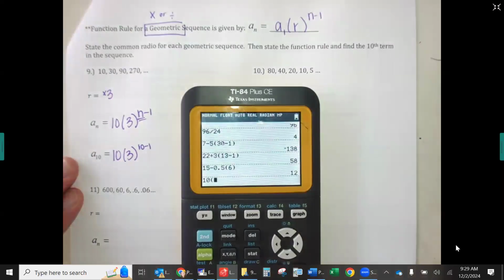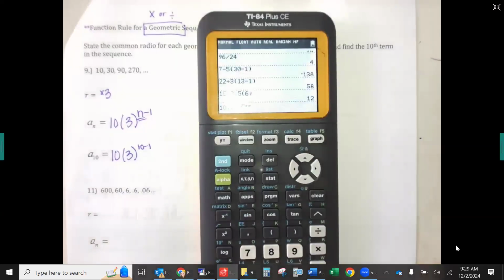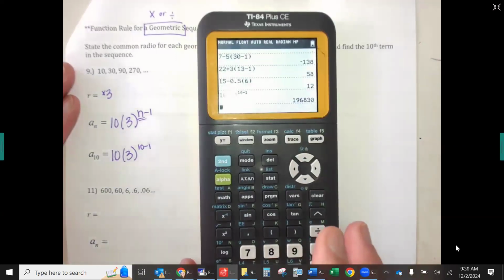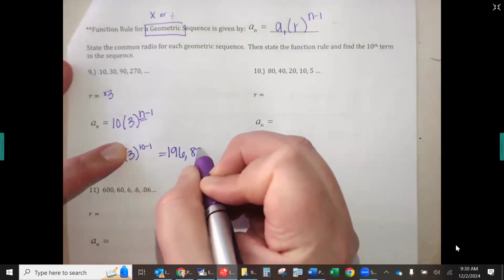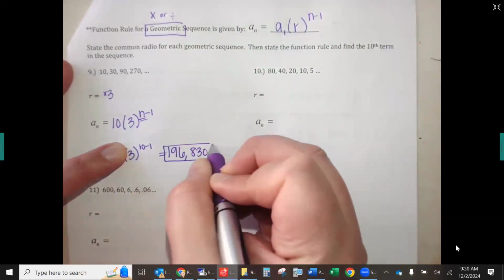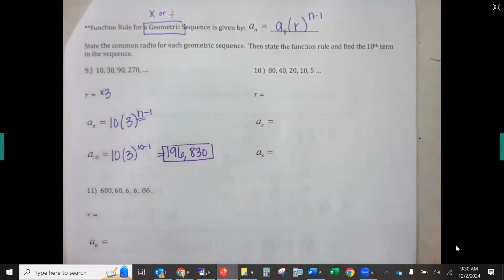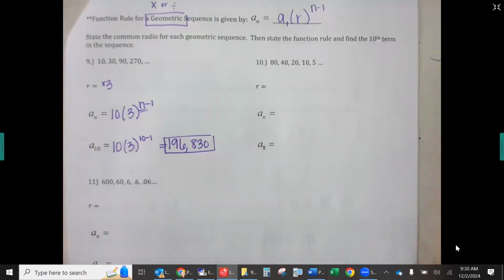So it'd be 10 parentheses 3 up to the 10 minus 1. Okay, if you don't know how to get the up, it's this little arrow right here. Okay, and I got 196,830. But the multiply patterns get big really fast. The divide by patterns get small really fast.